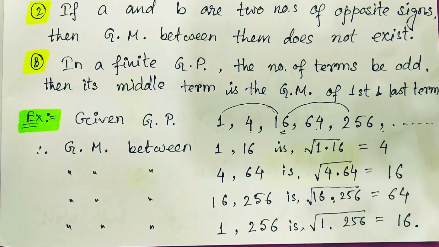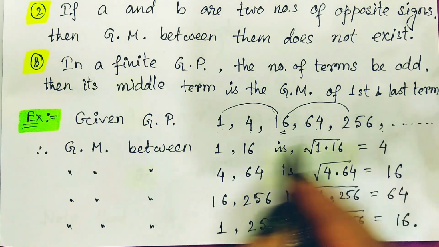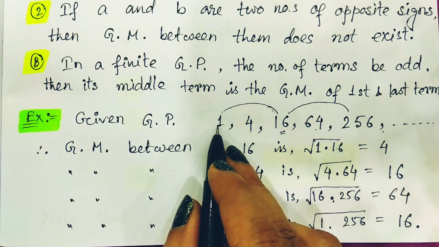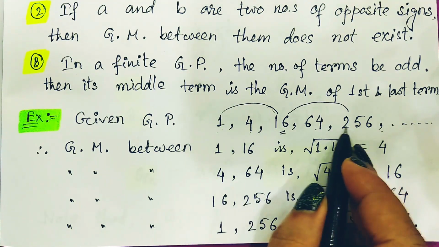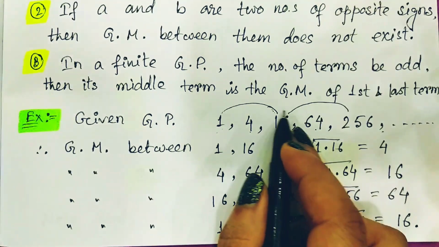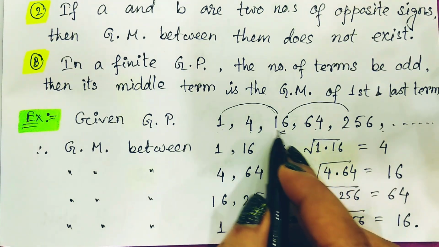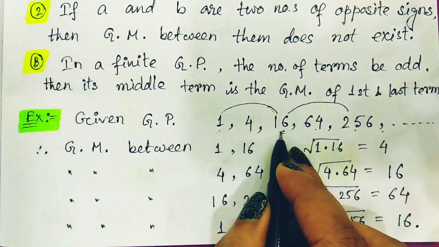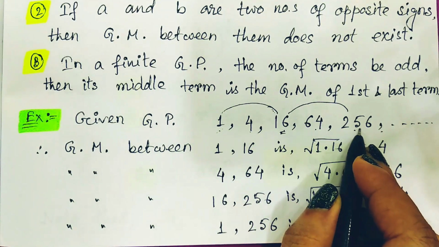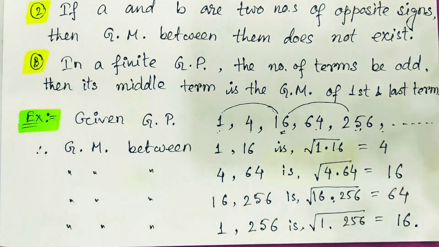Okay, so this is the middle term, not in the sense of distance. The middle term means that after this term, if 4 terms are there, then before this one definitely 4 terms are there. That means if the first term and the fifth term are these, then the third term is the geometric mean of the first and the fifth term.